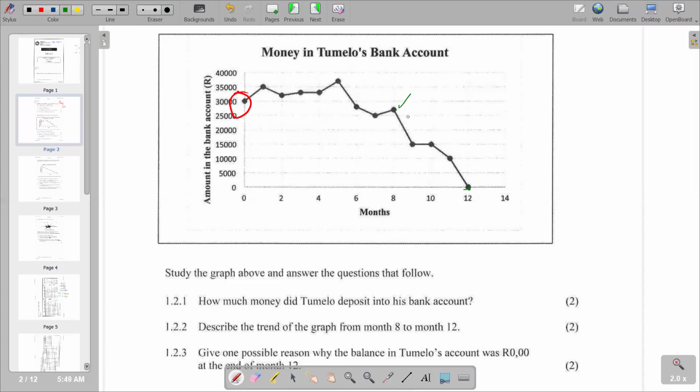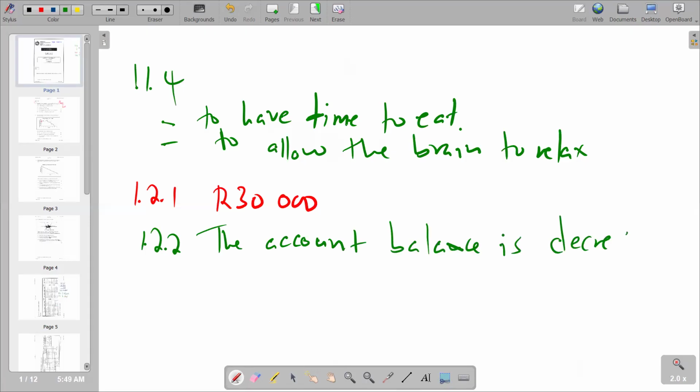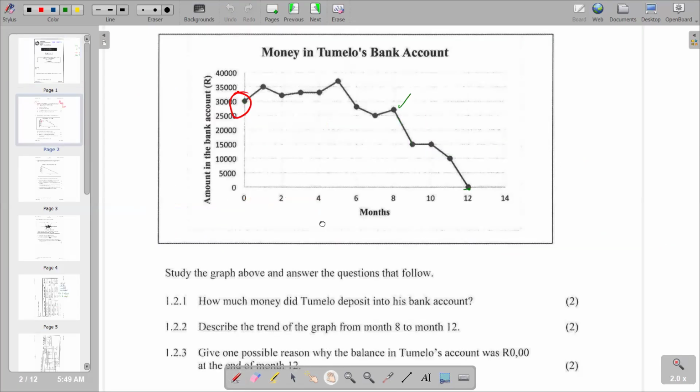So we can just say the account balance is decreasing from month 8 to 12. So that's how we can answer that one. This is 1.2.2, and we say the account balance is decreasing.